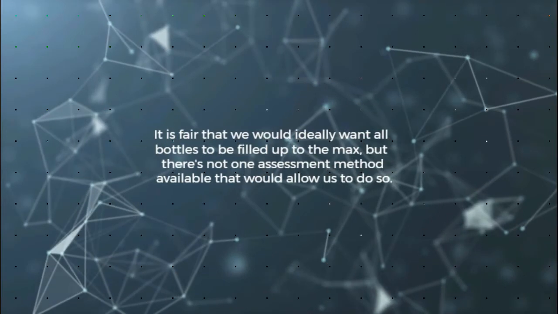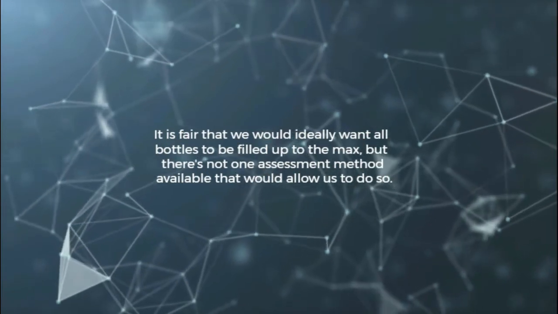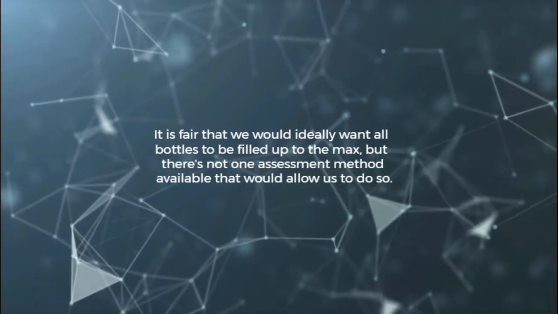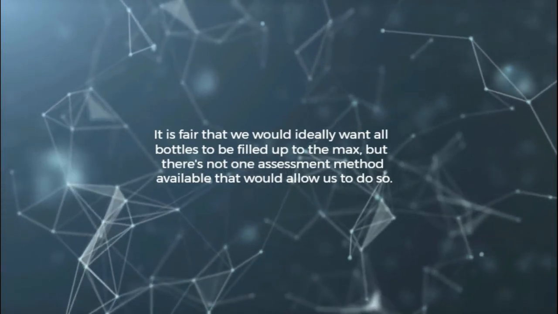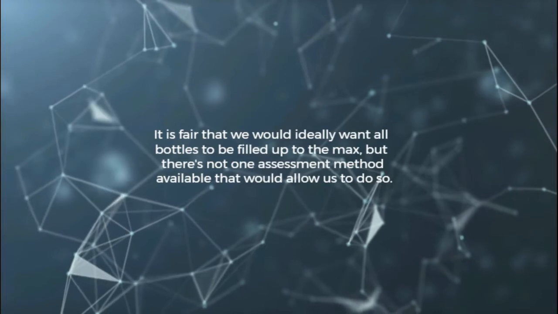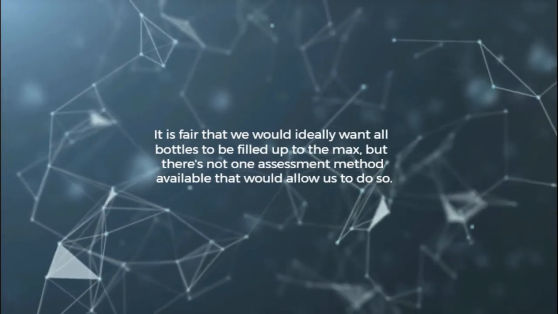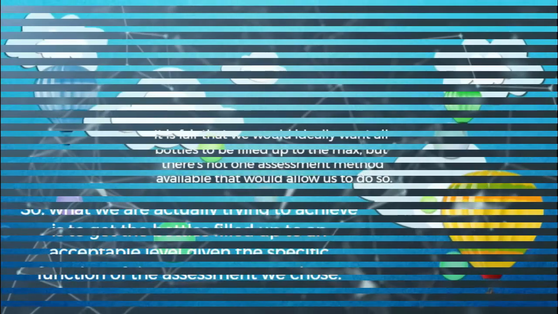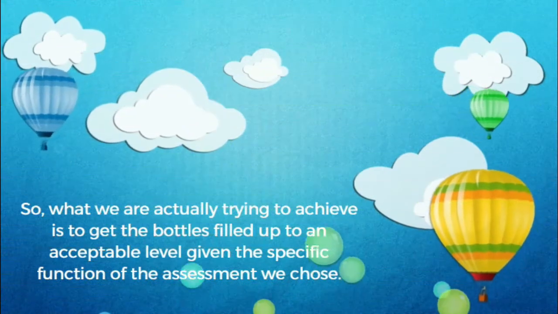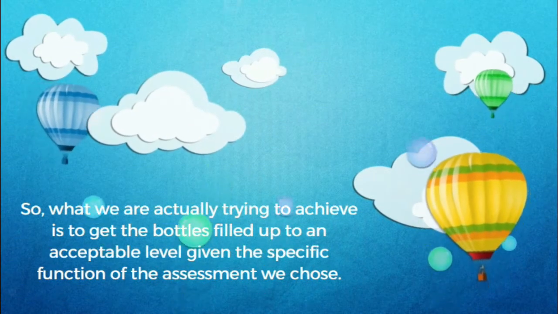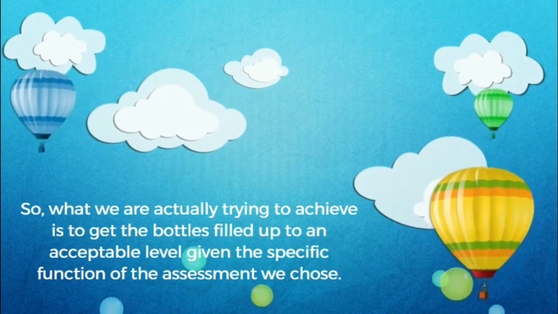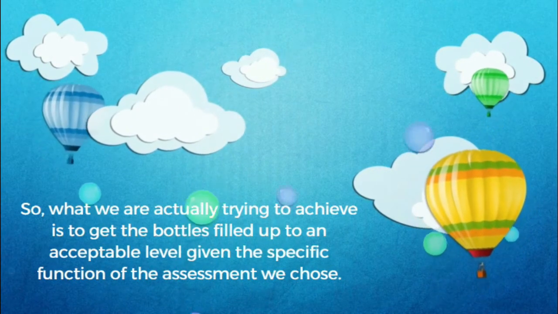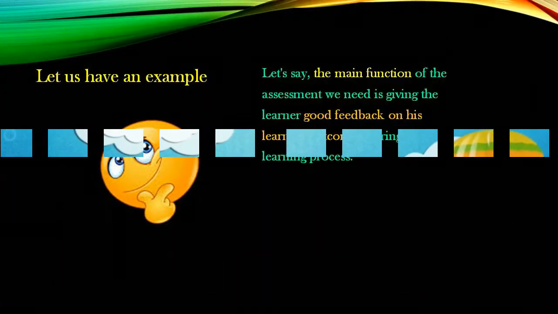It is fair that we would ideally want all bottles to be filled up to the maximum, but there's not one assessment method available that would allow us to do so. So, what we are actually trying to achieve is to get the bottles filled up to an acceptable level given the specific function of the assessment we choose.